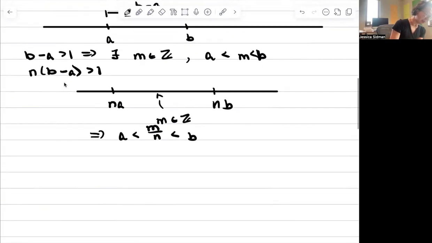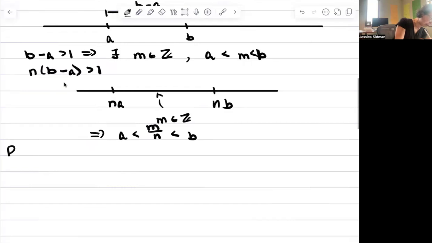So let me put that into a formal proof now. The way the proof goes, I'm going to start by using the Archimedean principle.